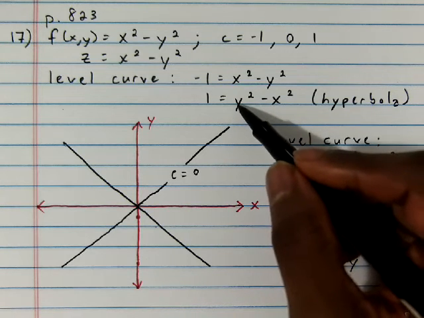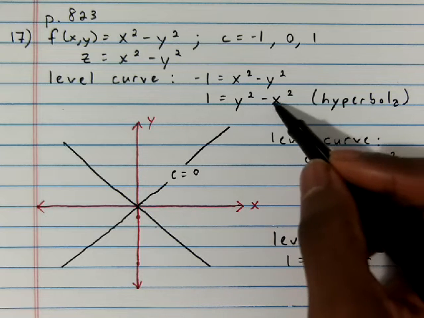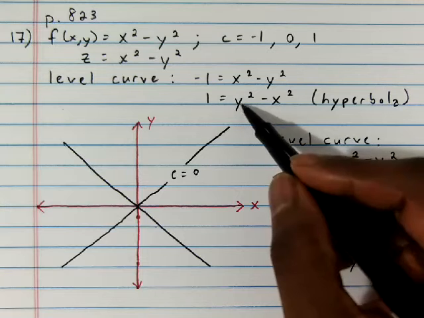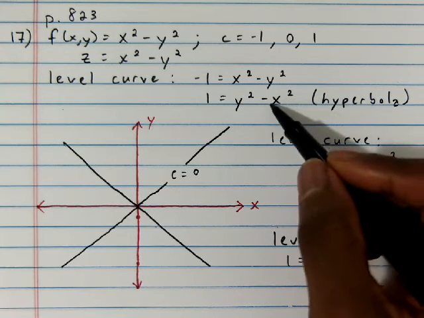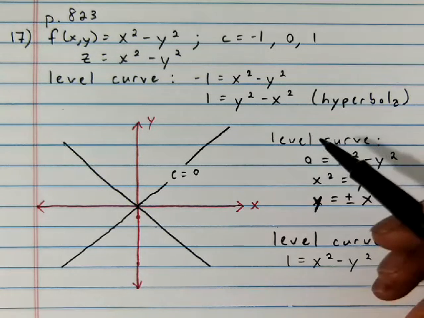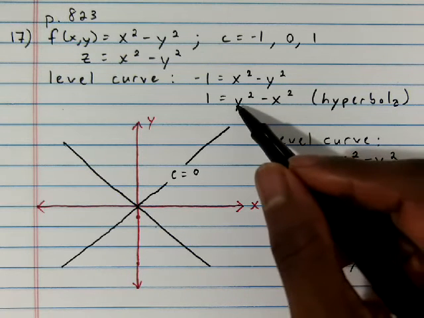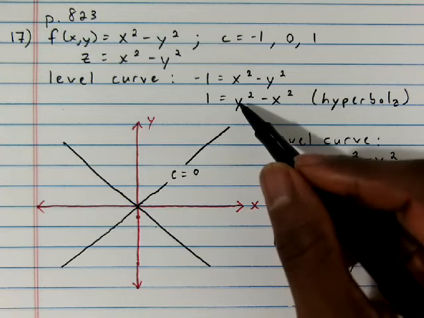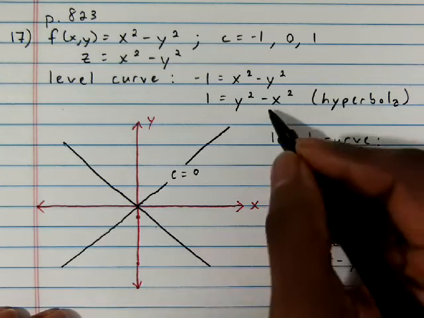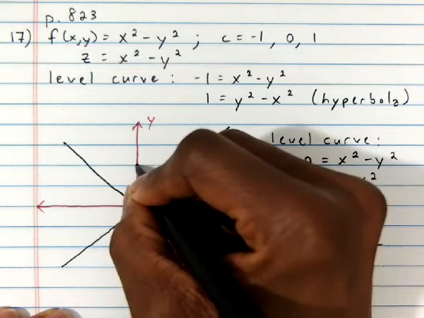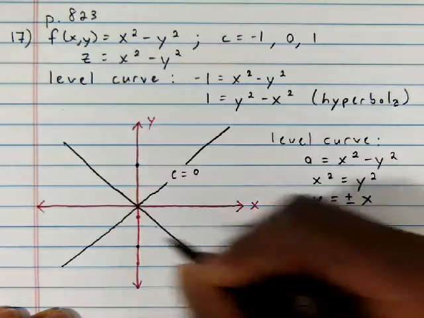If we did y equals 0, we would get negative x squared equals 1. So we know that y can never be 0 because it's impossible for negative x squared to be equal to positive 1. On the other hand, if we look at x equals 0, then we get y equals plus or minus 1. So for x equals 0, we're going to have y equals positive 1 and negative 1.